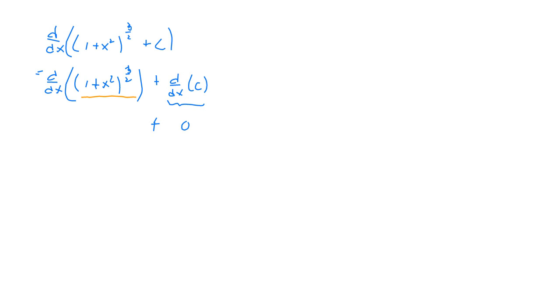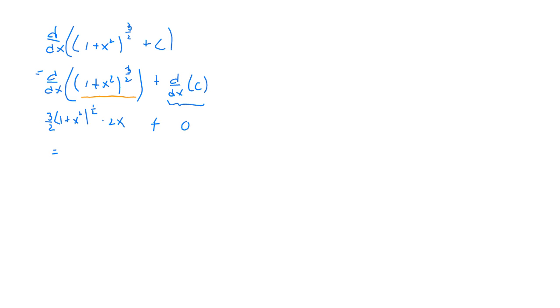Chain rule. That's right, Javier. That's right, Clea. The chain rule. So the derivative of the outer function would be 3/2 times 1 plus x squared to the 1/2 power, because 3/2 minus 1 is a half. And then the derivative of 1 plus x squared is just 2x.